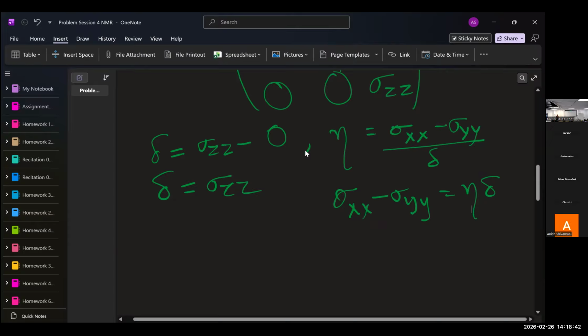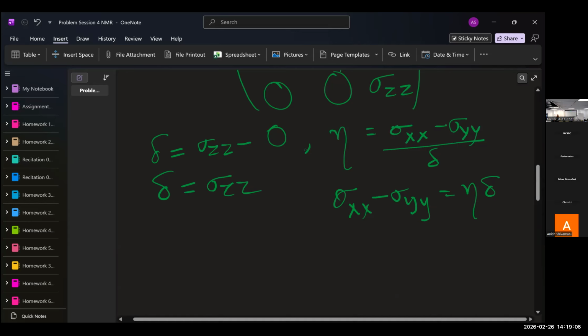You have one equation relating XX and YY. What is the other? Sigma ZZ in place of delta. Here I'm saying we need to convert all three parts to delta and eta. So this is one relation connecting XX and YY.